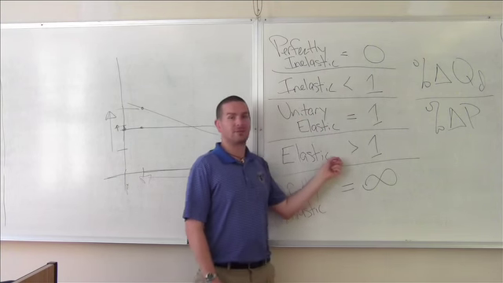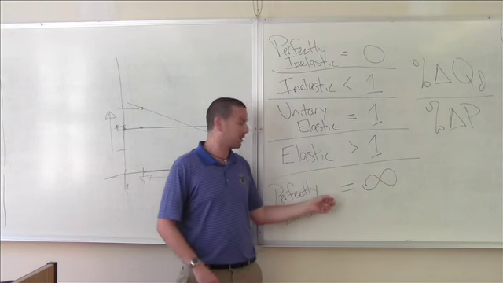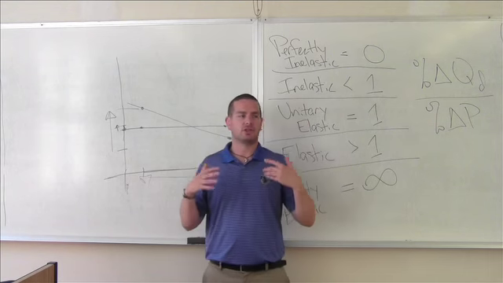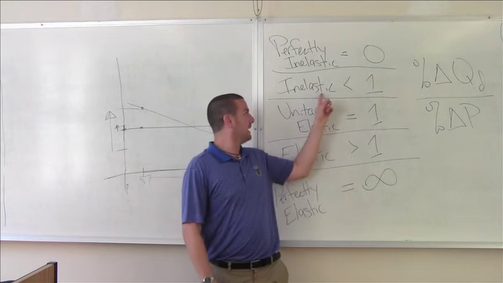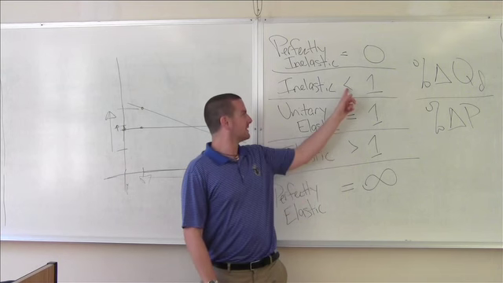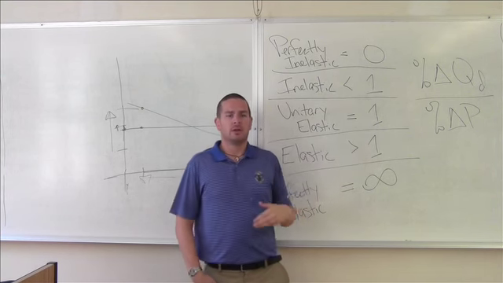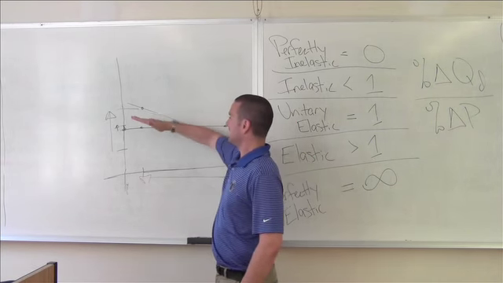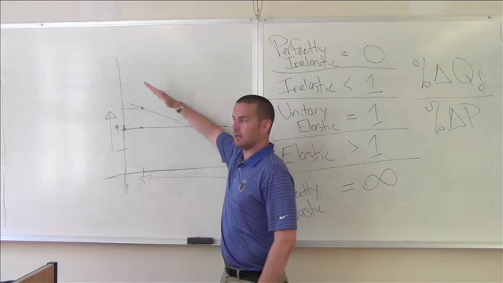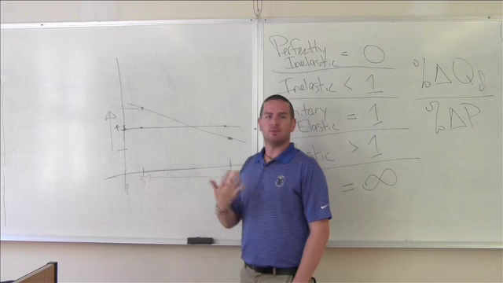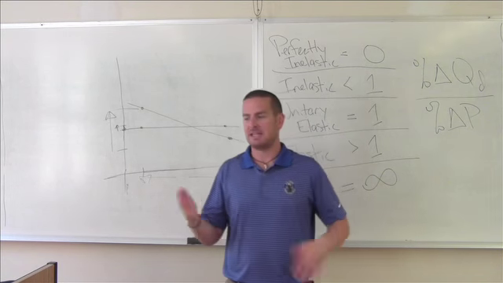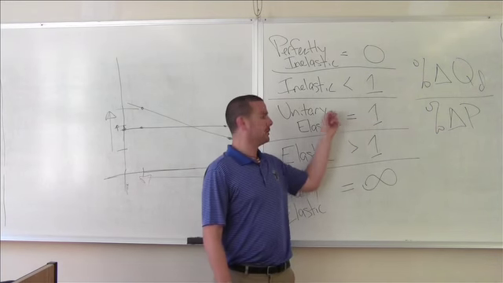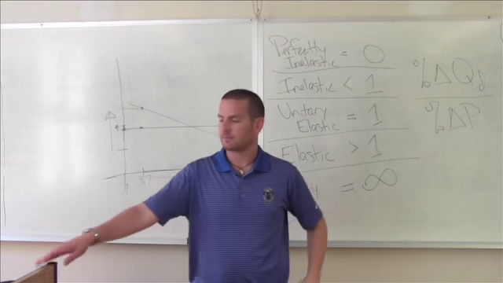If something is incredibly elastic, then it's perfectly elastic. And just logically, when you're on your way from inelastic to elastic, if this is less than 1 and this is greater than 1, you have to pass through 1. They decided to name the type of elasticity whose value is 1 unitary elastic.